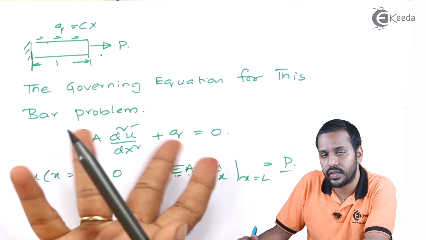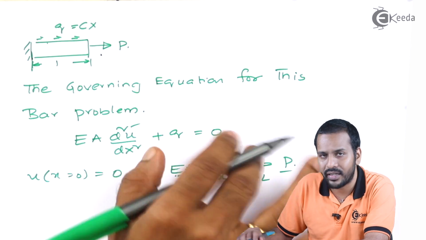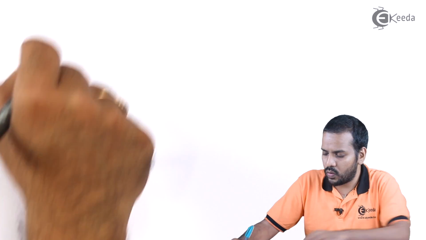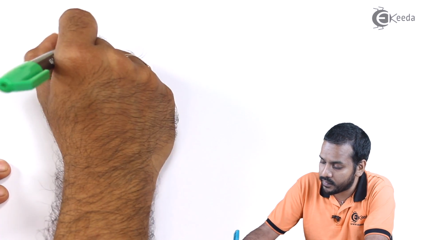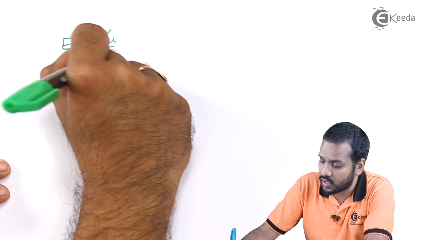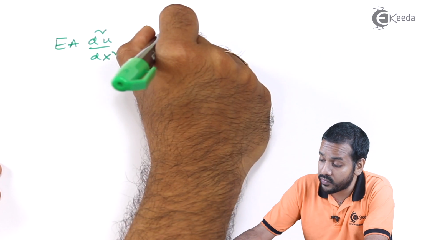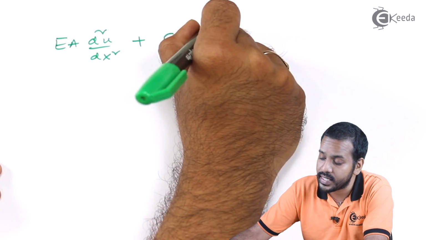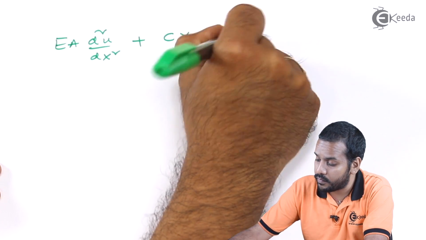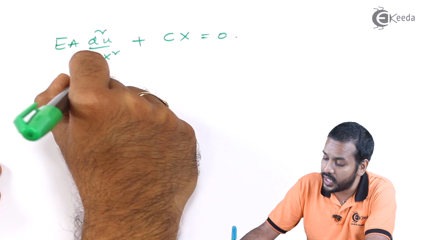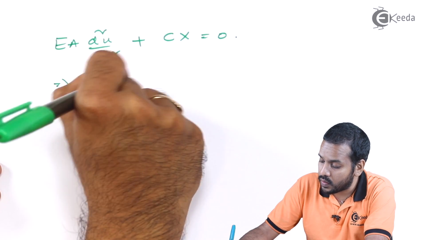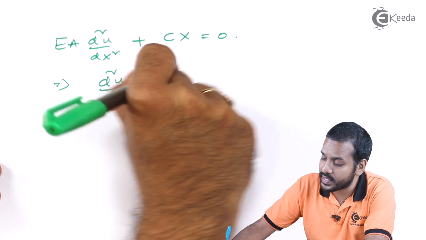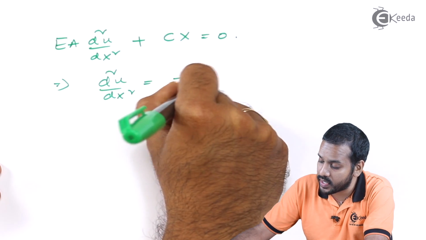We have to write the solution for this differential equation. All of you know how to write it. It is pretty straightforward, isn't it? EA d square u by dx square plus Q, which we assumed as Cx, equal to 0. That implies d square u by dx square is minus Cx by EA.